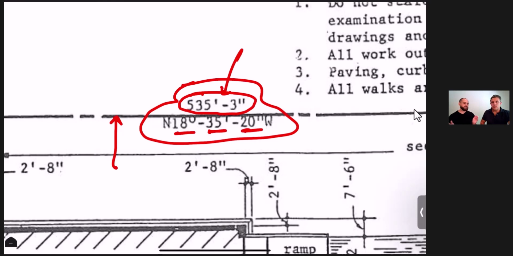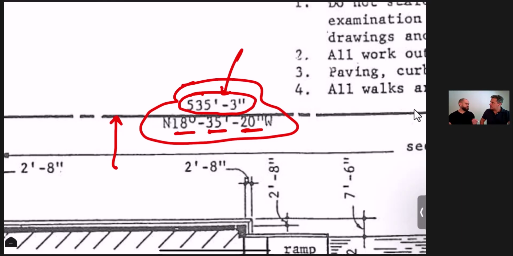In this case, minute and second has nothing to do with time. It's almost like an inch or a decimal. It's just breaking it down into finer bits from the degree. This would be of use to the surveyor who's putting this on there, to determine the property lines, but also to notate on the site plan how it's oriented in relation to maybe true north or whatever.